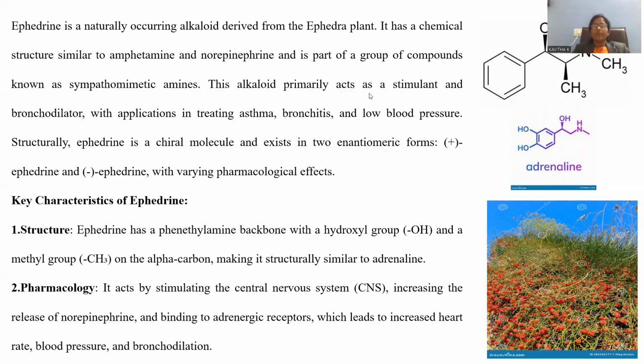This alkaloid primarily acts as a stimulant and a bronchodilator. A stimulant is nothing but something used to enhance the activity of the brain. Brain functioning can be elevated, which is noticed as a stimulant. Bronchodilation is related to the lungs, where breathing disorders can be mitigated.